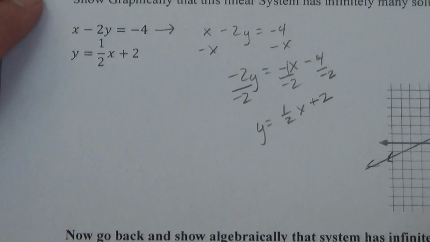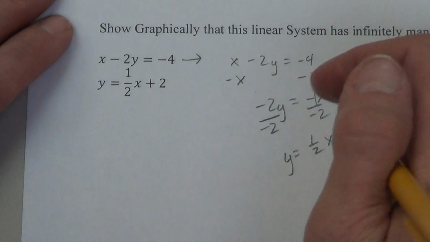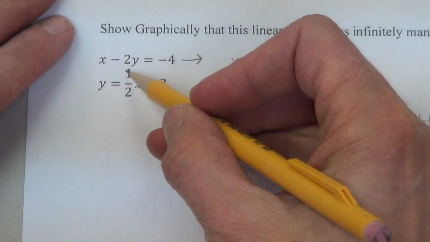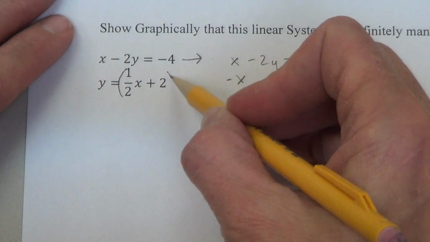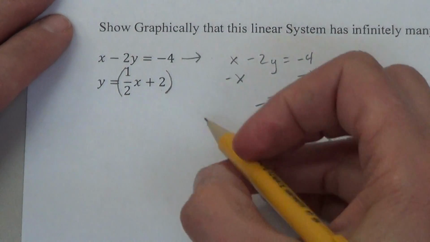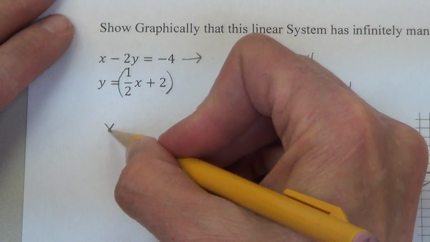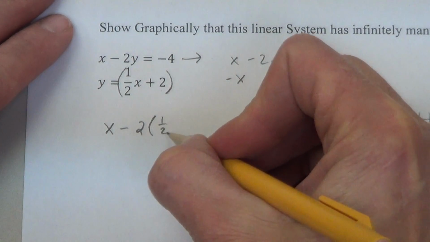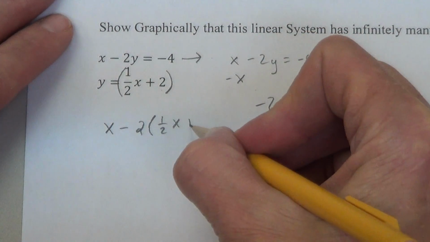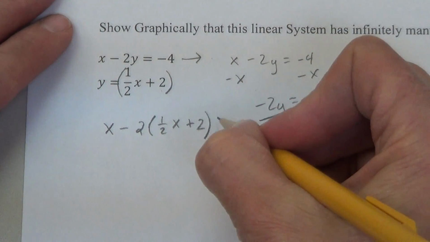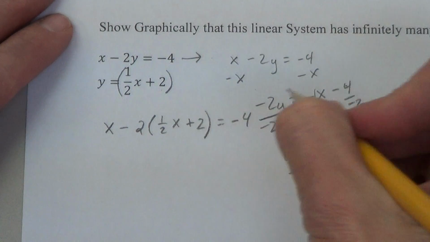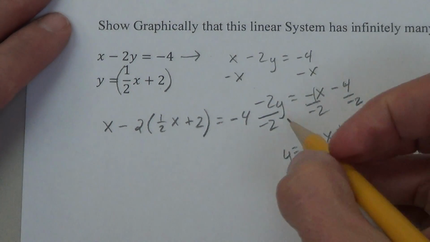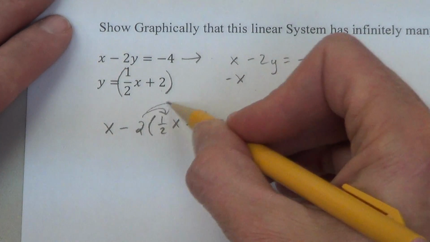Now we show it algebraically. Algebraically, it would probably be easiest, since the y is alone, to plug that in for substitution. So we have x minus 2 times 1/2 x plus 2 equals -4. Okay, we distribute here.